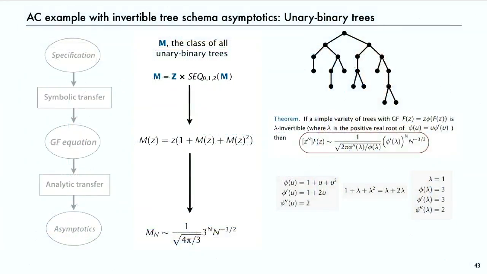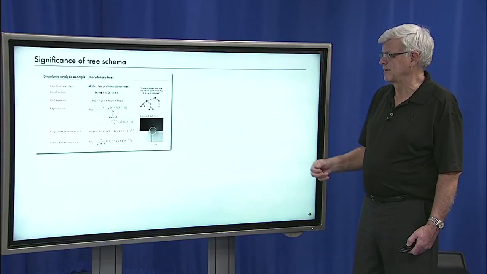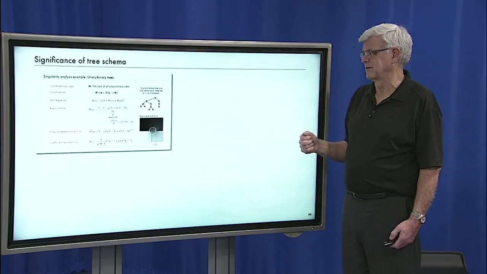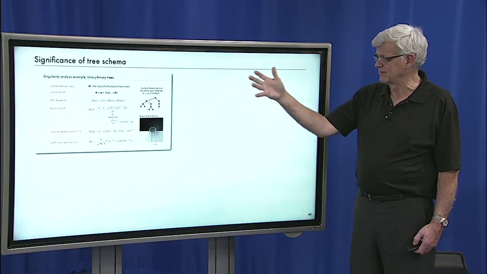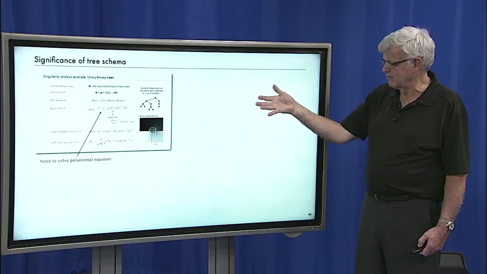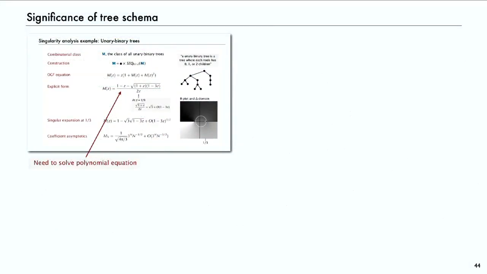So this theorem can enumerate any kind of tree. And next lecture we'll look at lots more examples, but it's very significant. When we looked at unary-binary trees using singularity analysis, we had a fair amount of work to do. We needed to solve that polynomial equation.